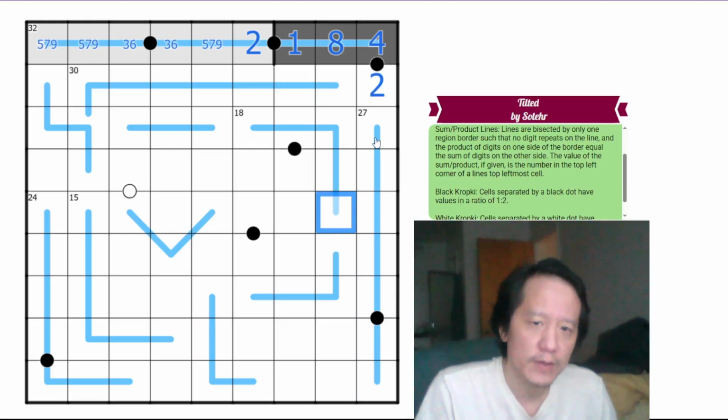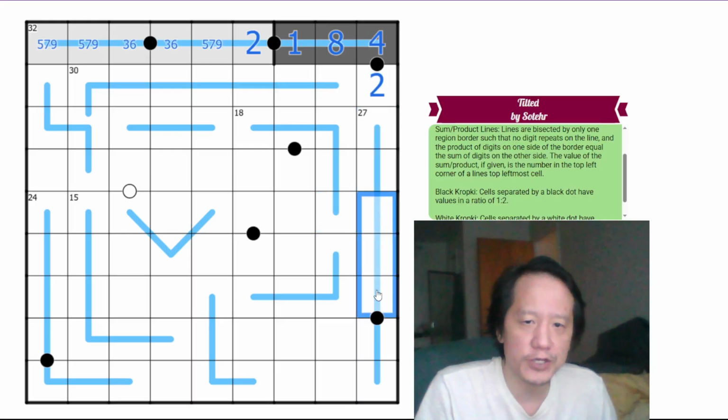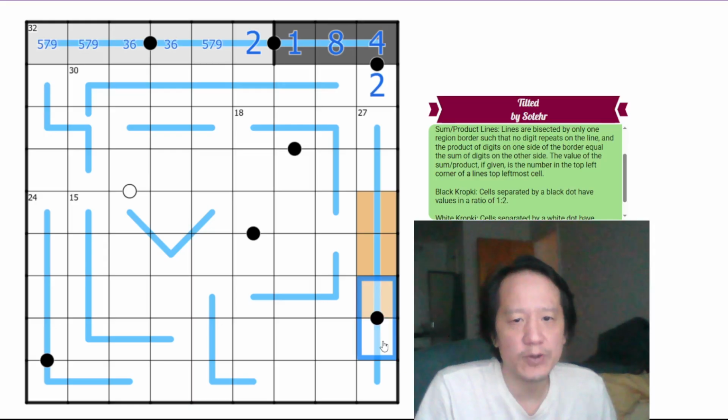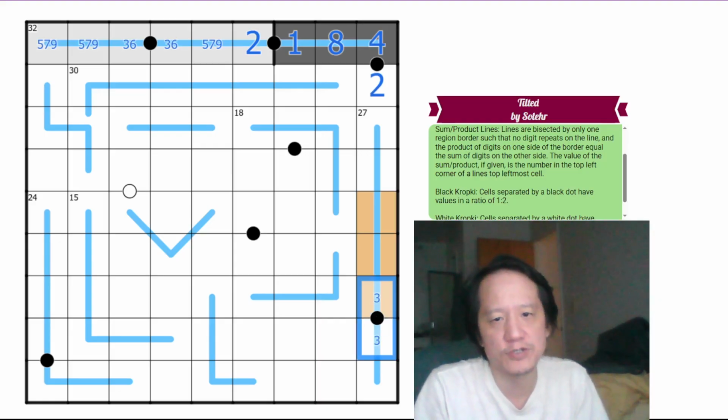Okay. So we know these are all the same region. We just don't know if it's part of this region or if it's part of this region. So this cannot be 1, 2, or 4, 1, 2, 2, 4, or 4, 8 as a pair. This must be a 3, 6 pair.